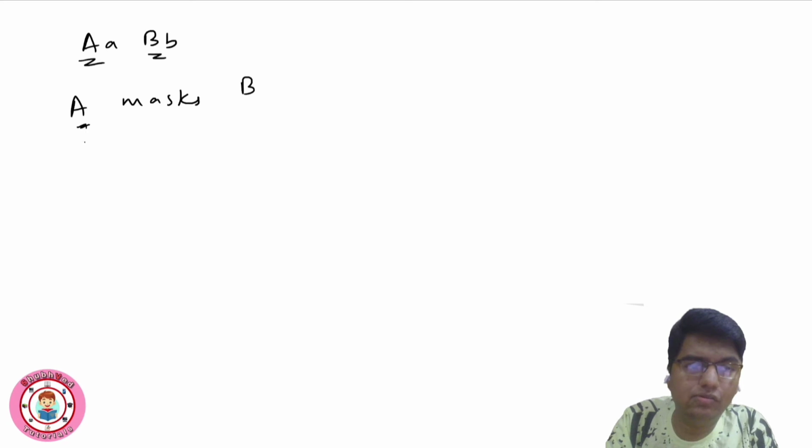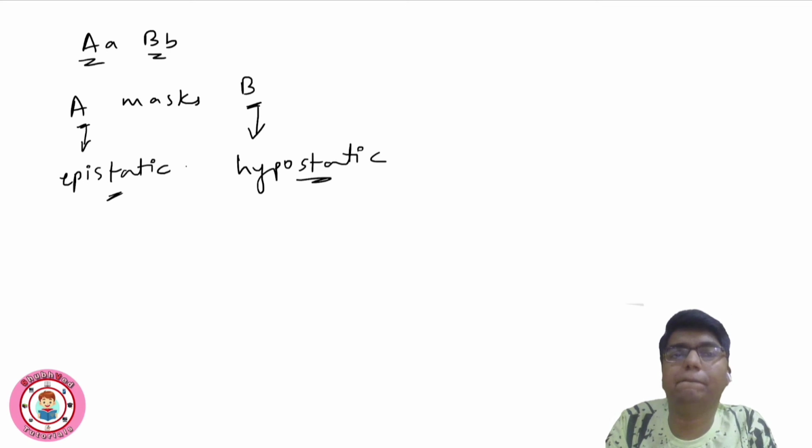So this gene is called epistatic, that will hide the expression of the other gene. And the gene whose expression is masked is called hypostatic. These are the two terms we have to remember.